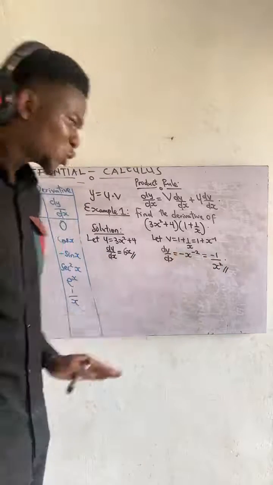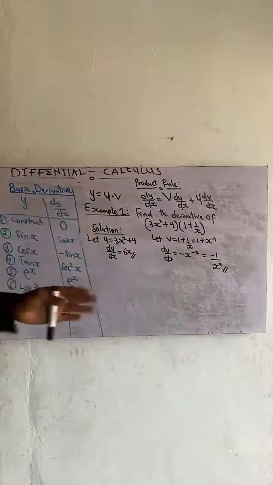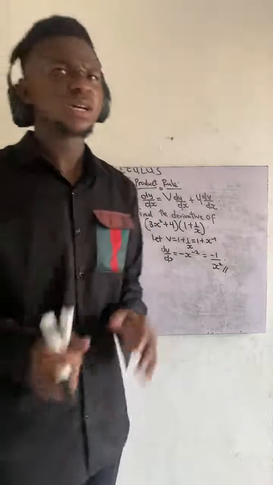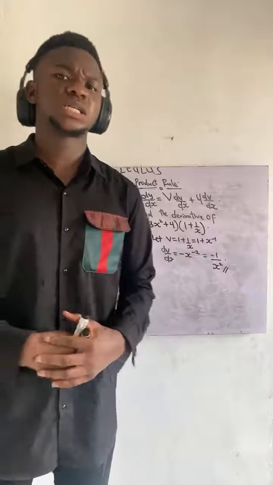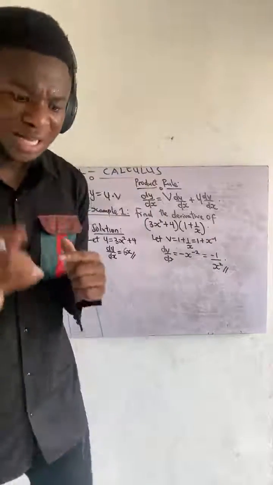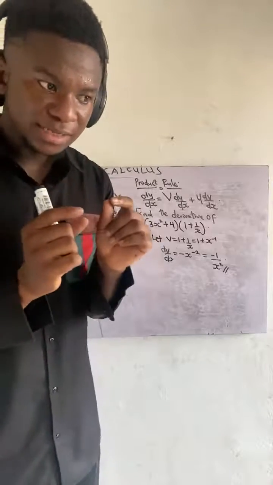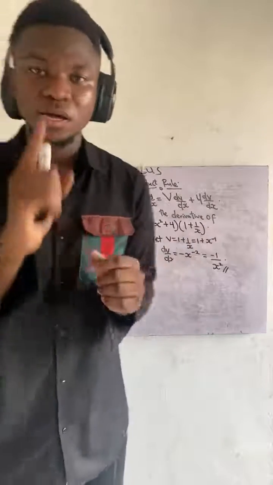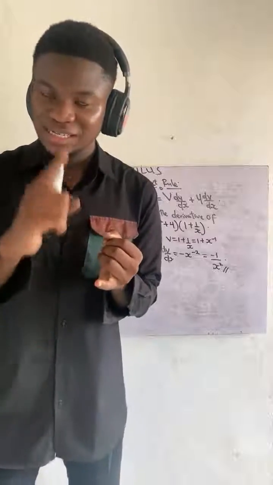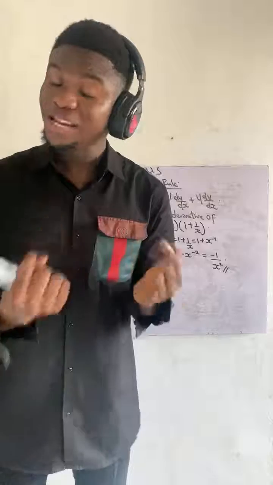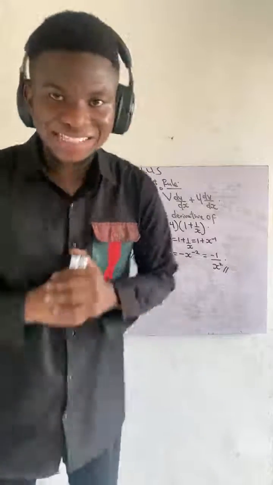Do you get that? Once you've gotten this, the next thing you will do is remember your product rule. The product rule is not something that is hard. All you have to note is that the parameters present in the product rule are the first one, u, the next one, v, then du dx, while the last one is dv dx.